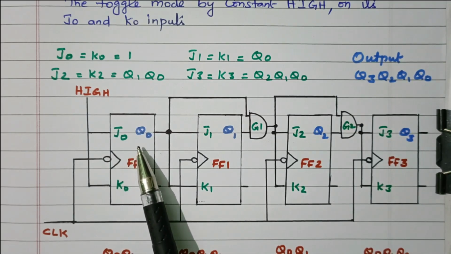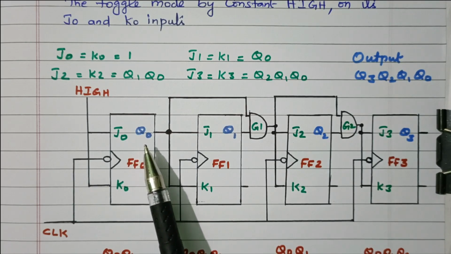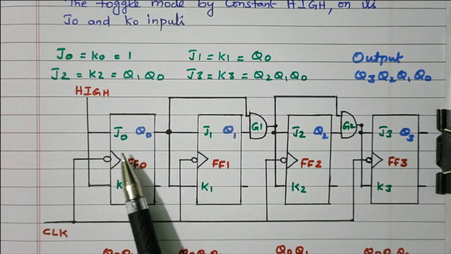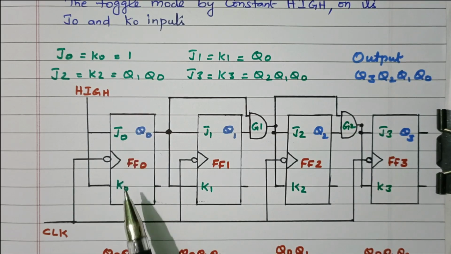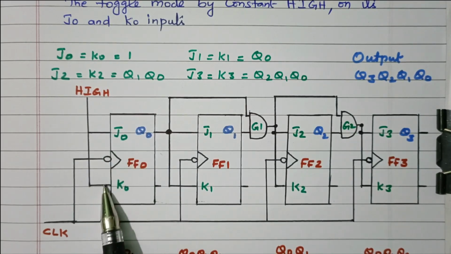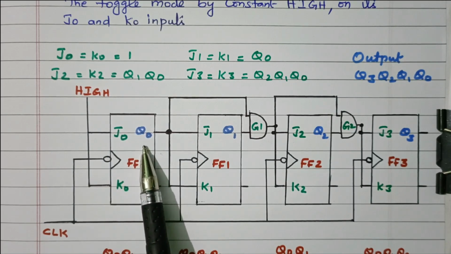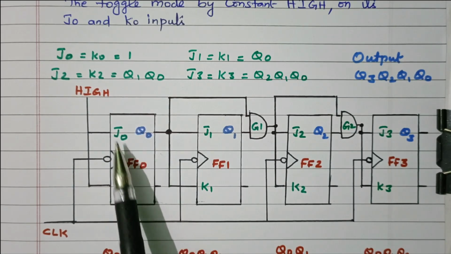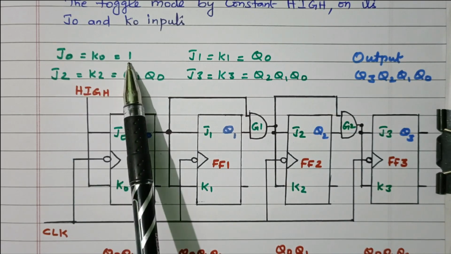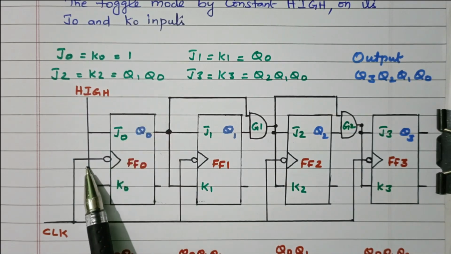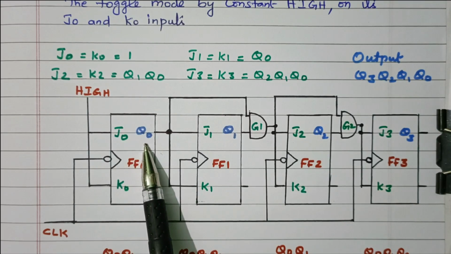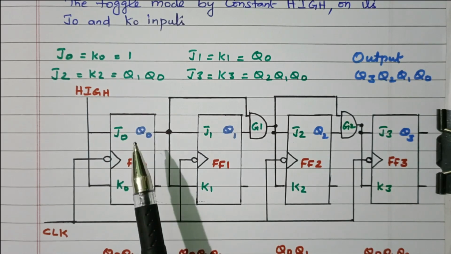The present state and next state toggle: 0 means 1, 1 means 0. In the first flip-flop, J0 and K0 are connected to logic high. So every clock pulse, the output will toggle 0 to 1, 1 to 0. That is the main requirement.